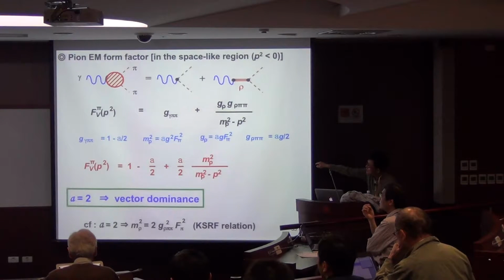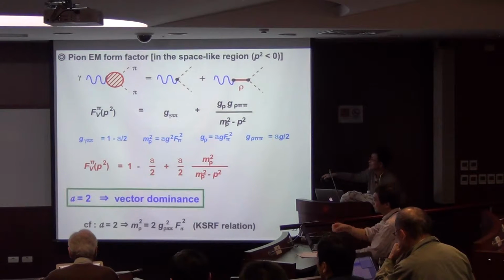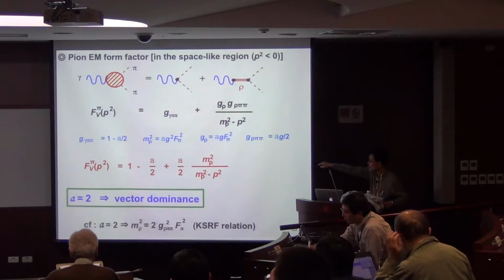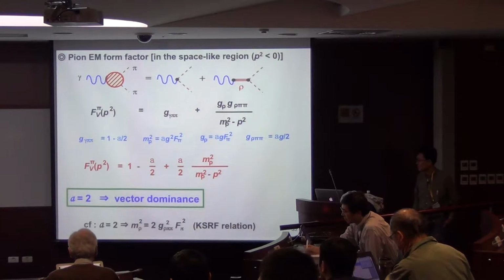Actually, this part is nothing but coming from this one, this g gamma pi pi equal to 1 minus a over 2. Because then this implies that the photon couples to the pion only through the rho meson. And a equal to 2, this is the meaning of vector meson dominance.